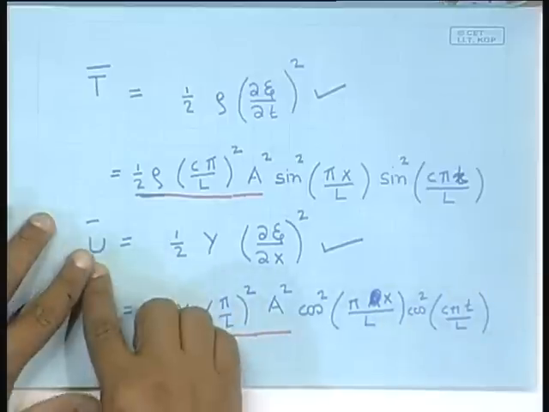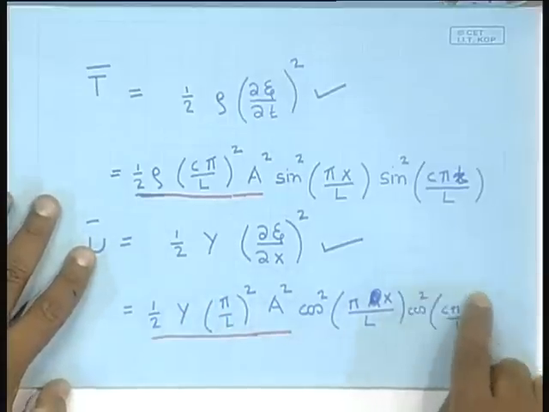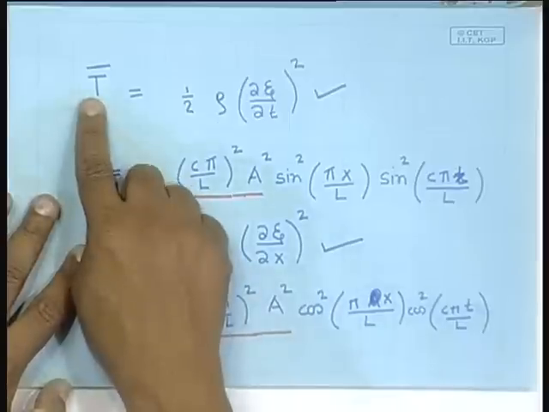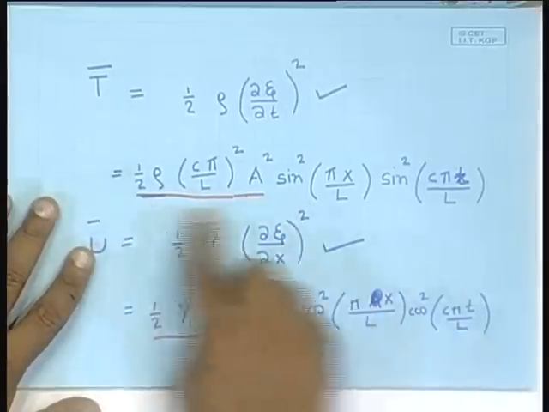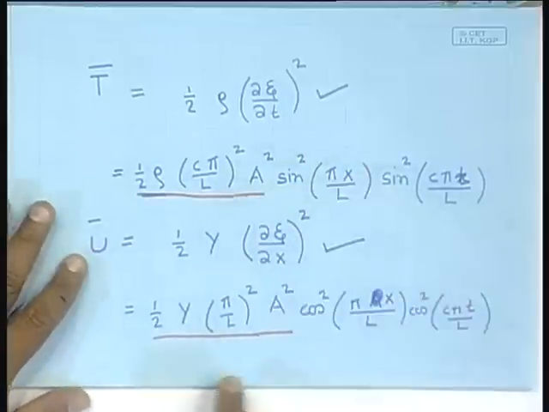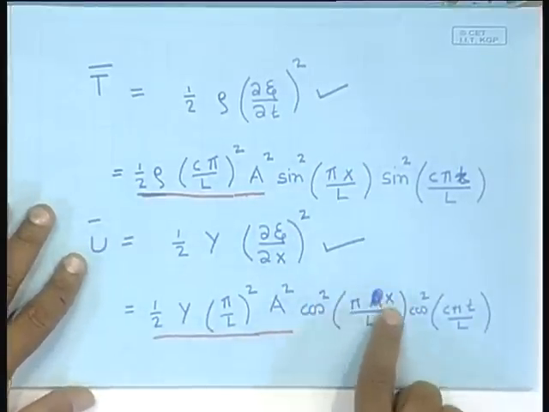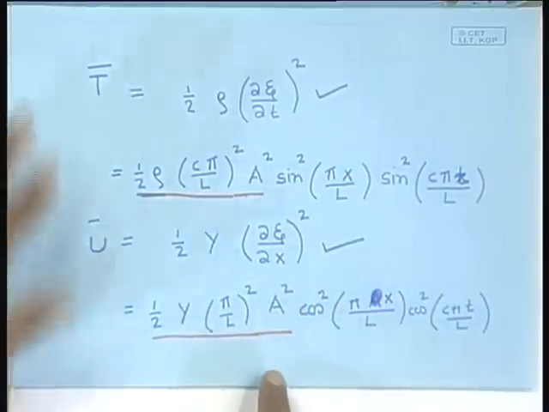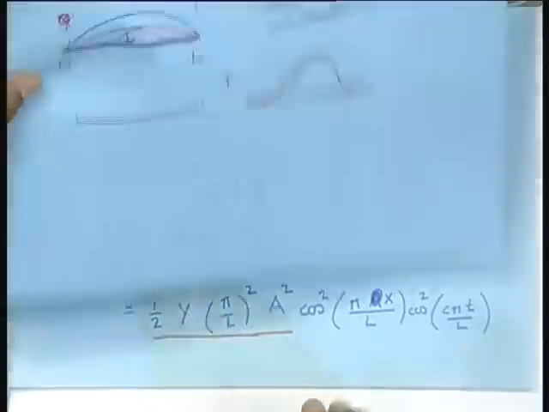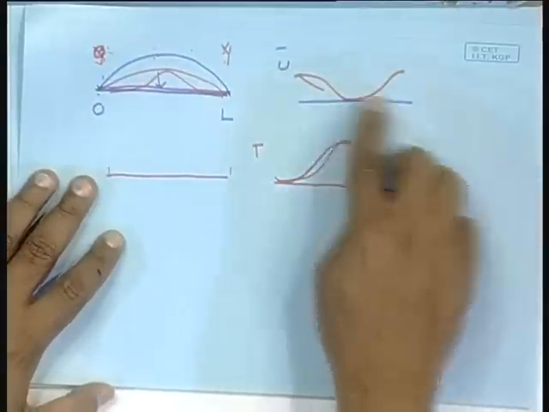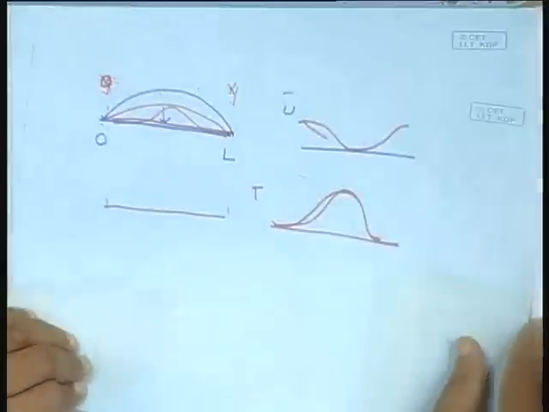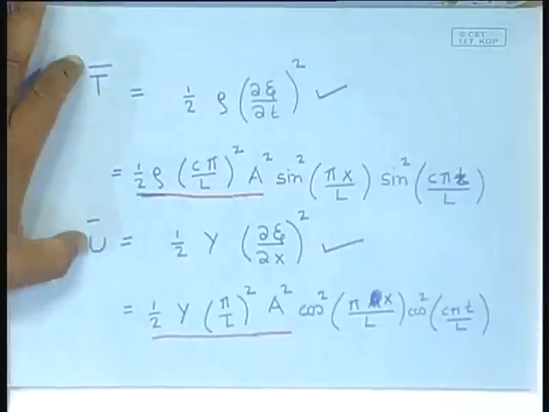So, the time average kinetic energy is given by a sine square pattern, and the time average potential energy is given by a cos square pattern. The time average kinetic energy also looks like this, but its amplitude is lower. The potential energy also looks like this, its amplitude is lower, and the sum of these two things is a constant. Okay.